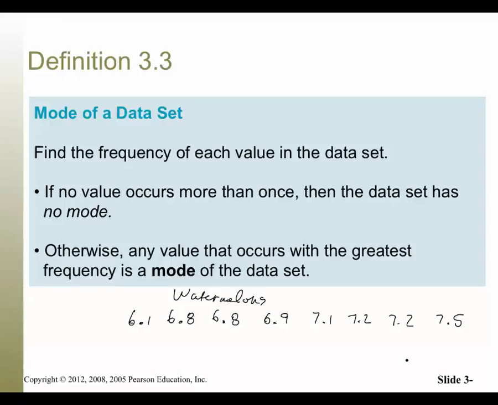What's the mode of this data set? 6.8. Yep, there are two modes. The most frequently occurring data value occurs twice, but there's two of those. There's two 6.8s and there's two 7.2s, so both of those are modes. If we had one more 7.2 in the data set, then only 7.2 would be the mode because it would have 3 now, and 6.8 would have 2. Make sense?